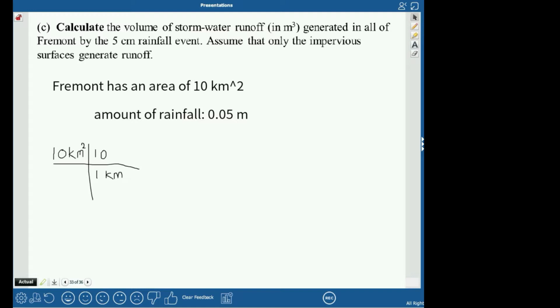So we have 1 kilometer, and in 1 kilometer there's 1,000 meters. Okay. Now I still have to do this again, right? Because 1 kilometer, that's just going to cross off one of my kilometers, so I'm going to have this again. Okay, so if you're really good, you can say a kilometer squared has this many meters.